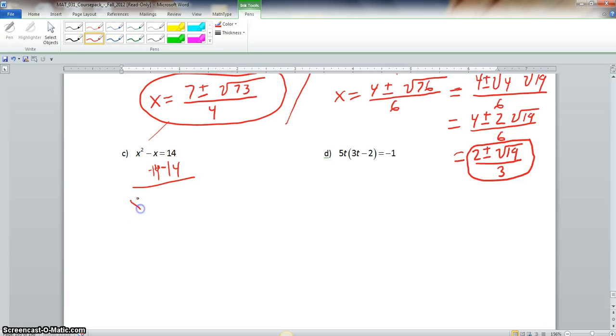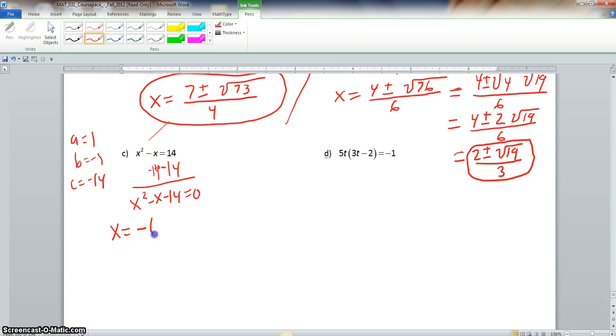And we will have x squared minus x minus 14 equals 0. Now we'll list our a, b, and c. A is 1, b is negative 1, and c is negative 14. So we'll write out the formula.